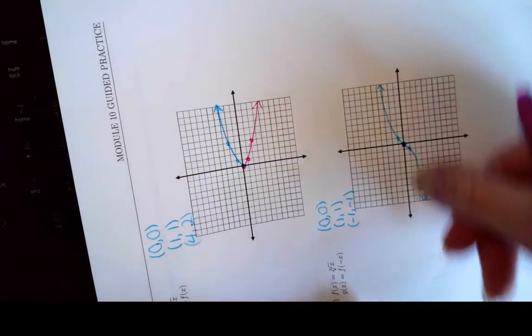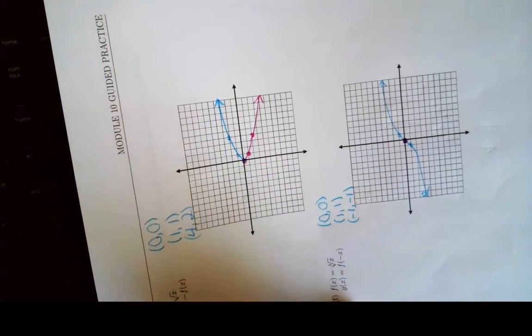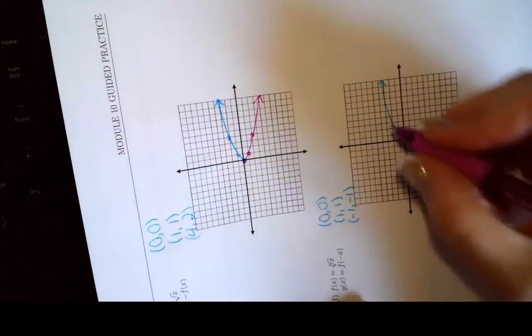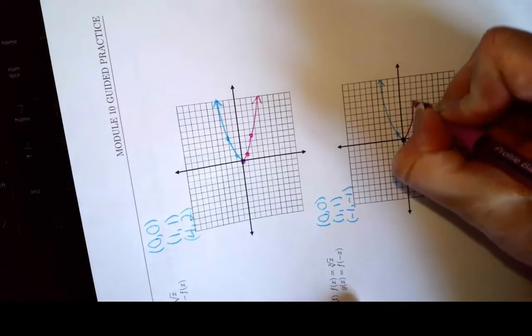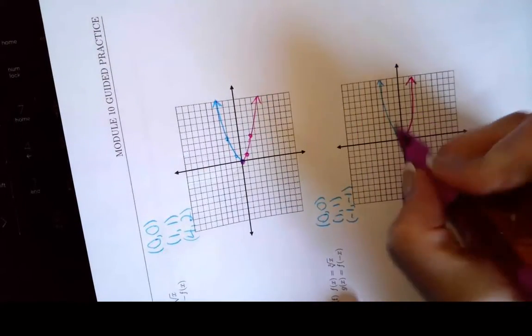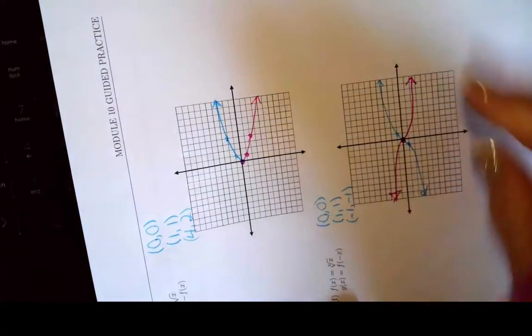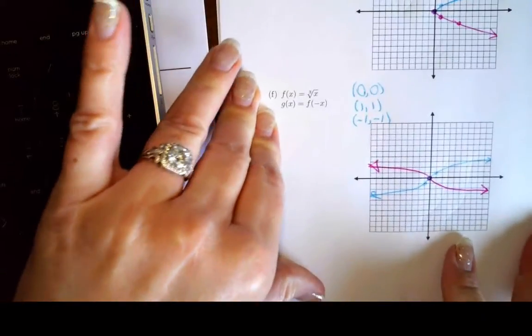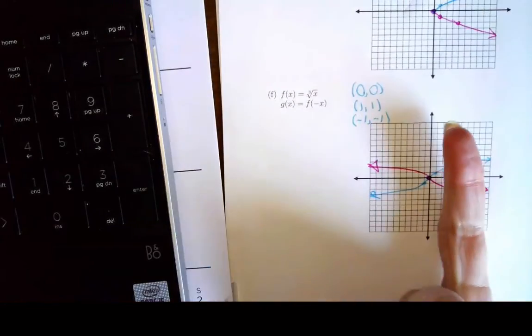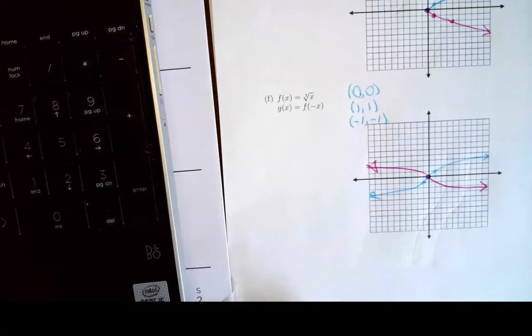I turned it on its side. So this is still my x-axis, and this is my y-axis, but I'm doing a y-axis reflection. So this is your water this time. So I would be going this direction, and that reflects this arm. And I'd be going this direction, which reflects this arm. So if we turn it back this way, you'll notice that if the y-axis is my pivot point, I just flipped it.